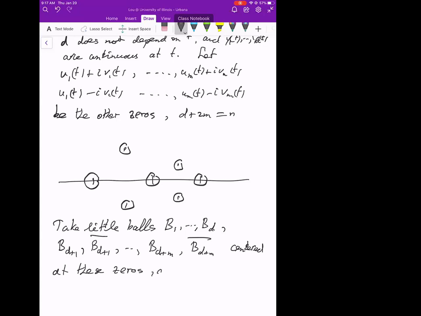And the balls that correspond to the non-real zeros, B(d+1) etc., should not meet the real line.